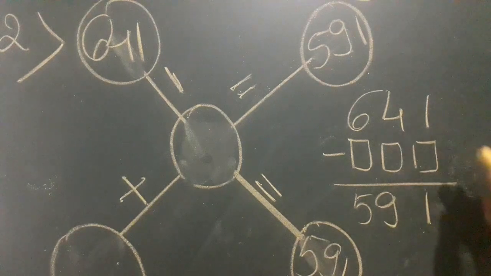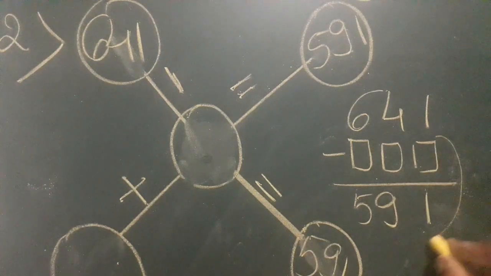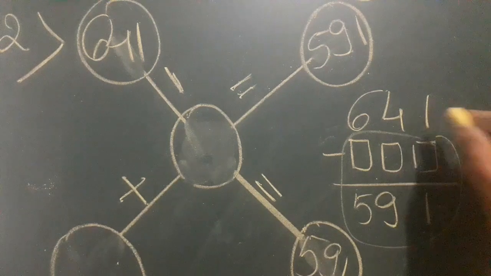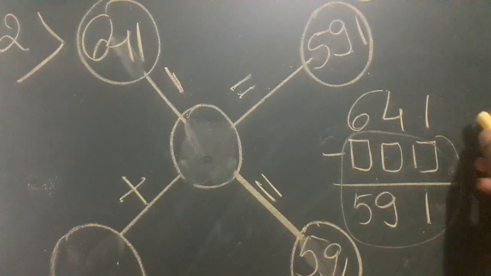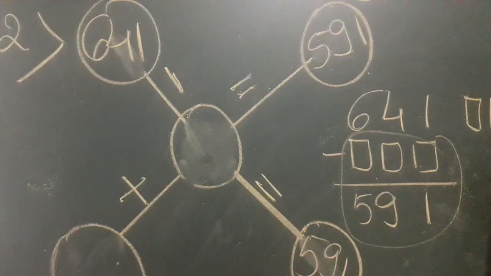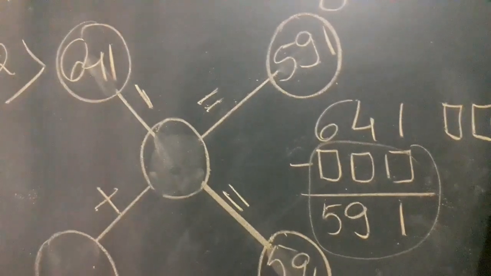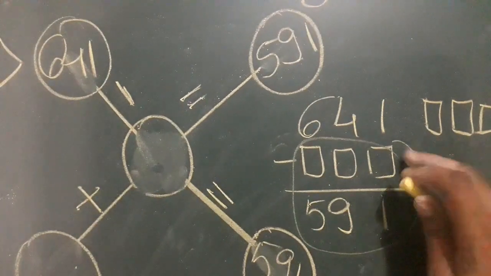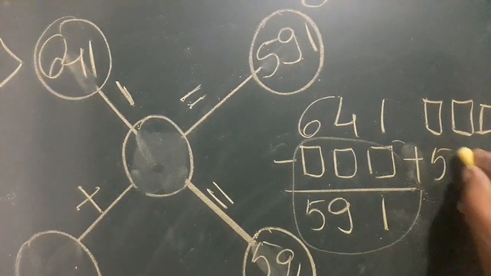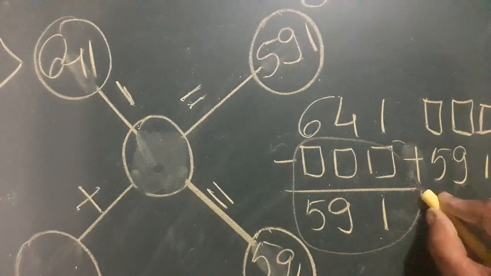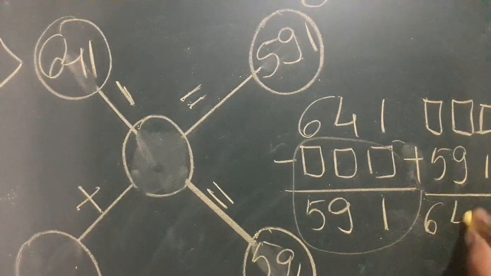Okay, so here I have to add these two numbers in order to get this number. So here I can think of it as box plus 591 and the answer should be 641.